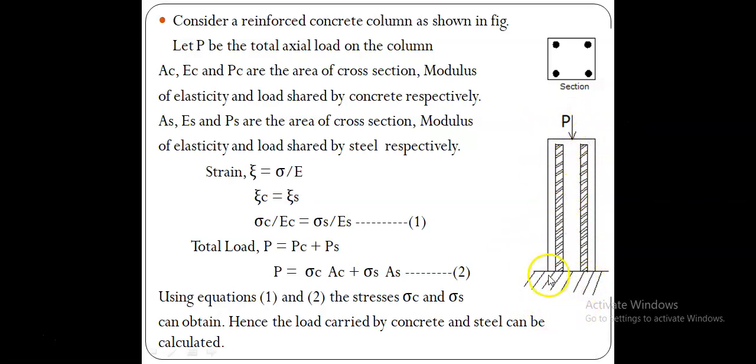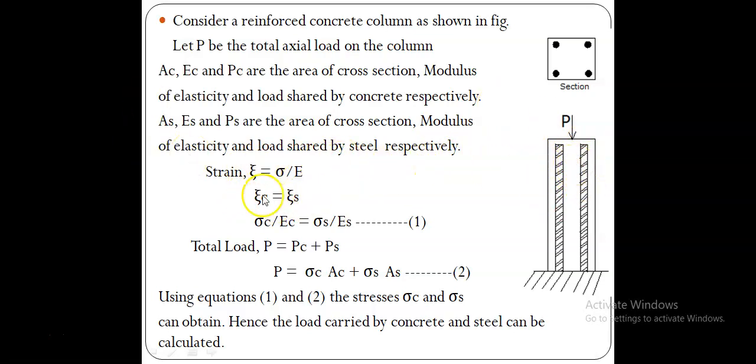Both are acting as a single unit, therefore it is a composite member. Here AC, EC and PC are the area of cross section, modulus of elasticity and load shared by concrete respectively. Like that, AS, ES and PS are the area of cross section, modulus of elasticity and load shared by steel respectively.